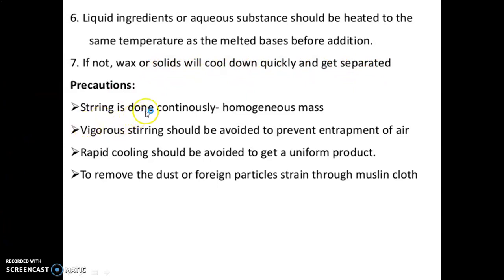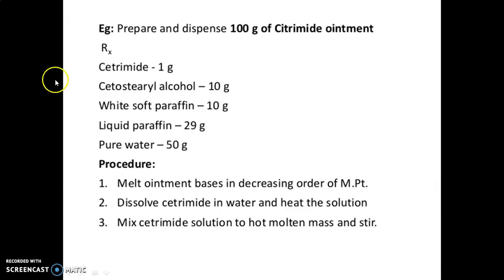Precautions: the stirring is done continuously. Homogeneous mass. Vigorous stirring should be avoided to prevent the entrapment of air. Rapid cooling should be avoided to get a uniform product. To remove the dust or foreign particles, strain through muslin cloth. For example, prepare and dispense 100 gram of cetrimide ointment.